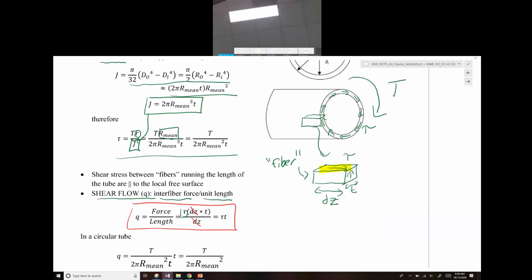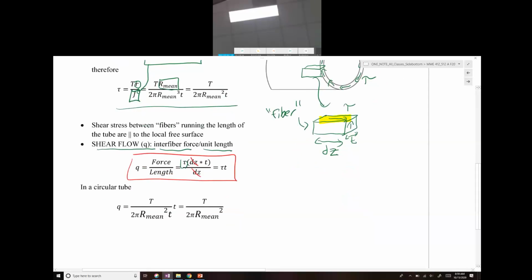So for a circular tube, we can plug in our equation for tau here, and we end up getting that our shear flow would be equal to this.